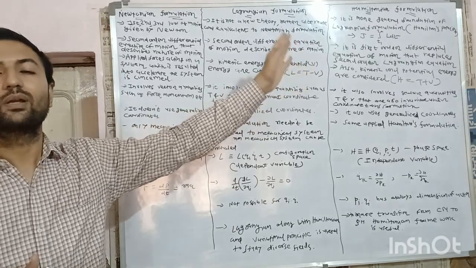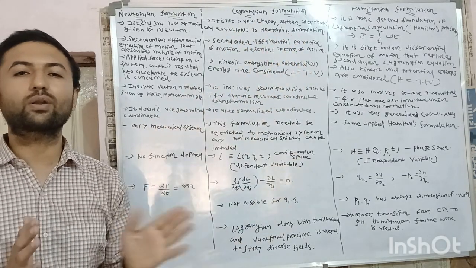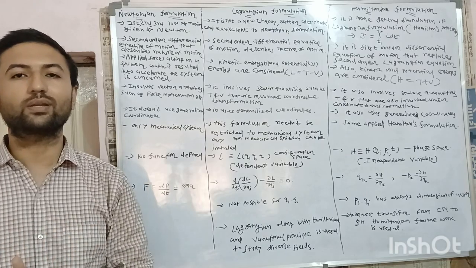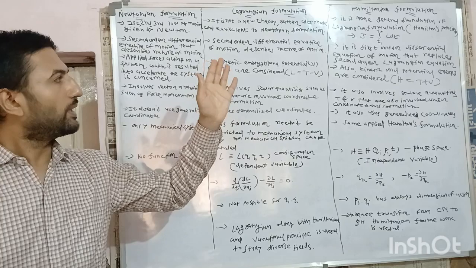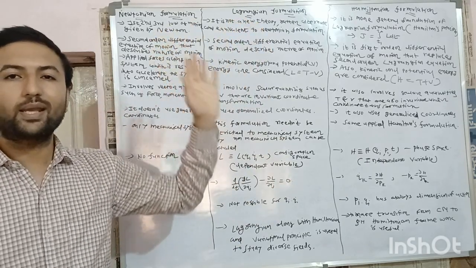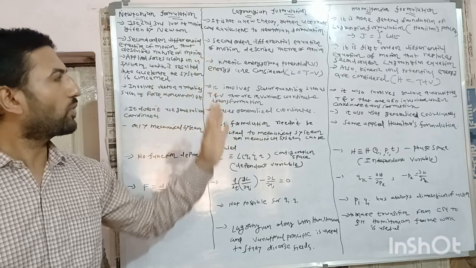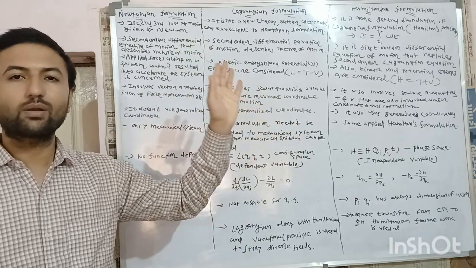This integral principle is widely used in quantum field theory and quantum gravity theory to describe various phenomena. That is why the Hamiltonian formulation has many advantages over the Lagrangian formulation, and the Hamiltonian is widely used in modern physics.